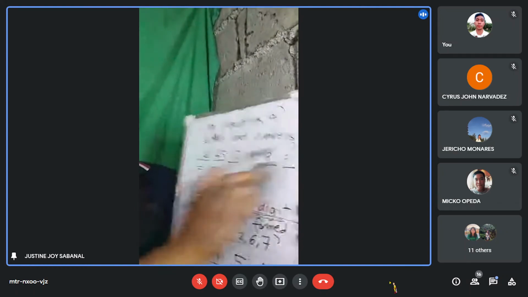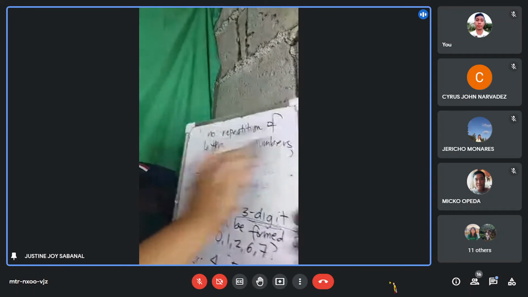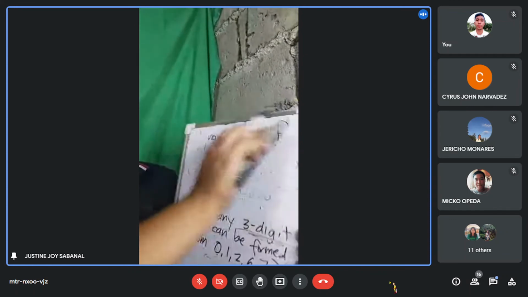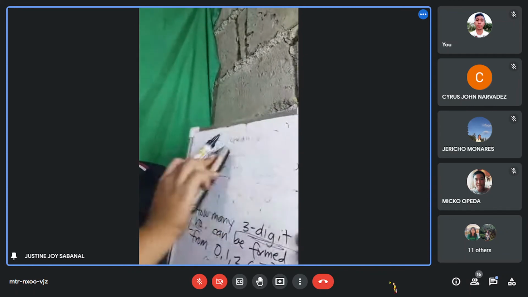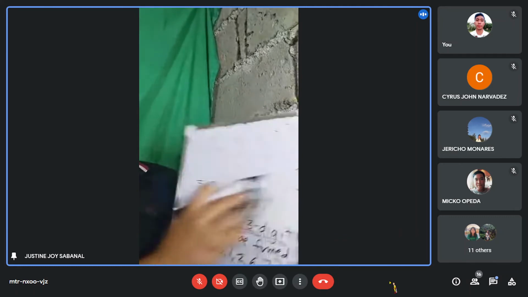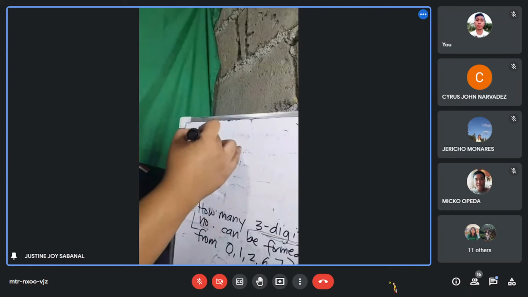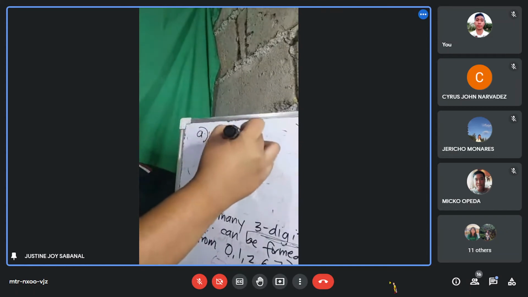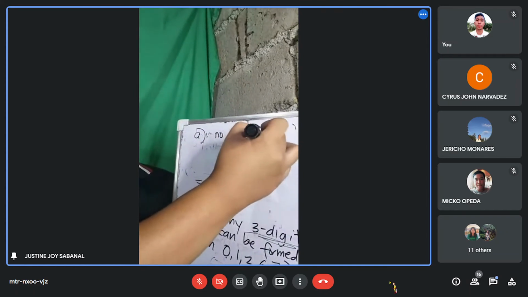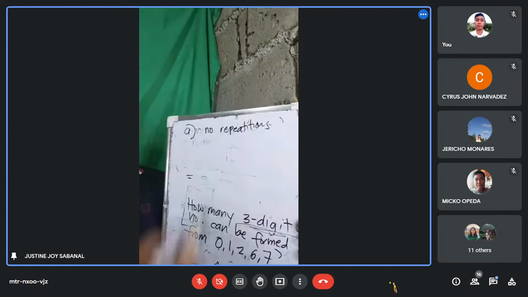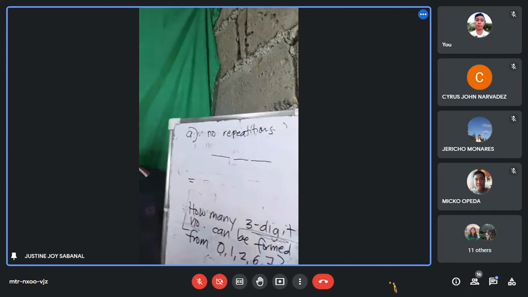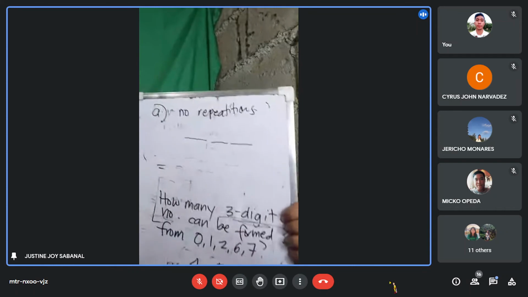So, ngayon, lagyan natin ng restrictions. So, the condition is that no repetitions. So, ilan na lang kung hindi pwedeng may nauulit.